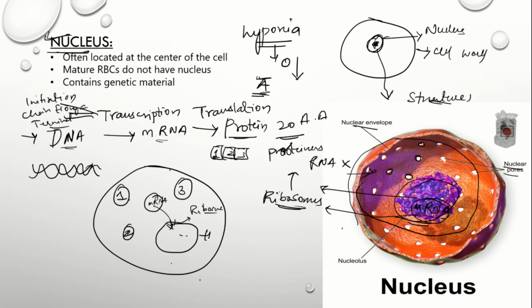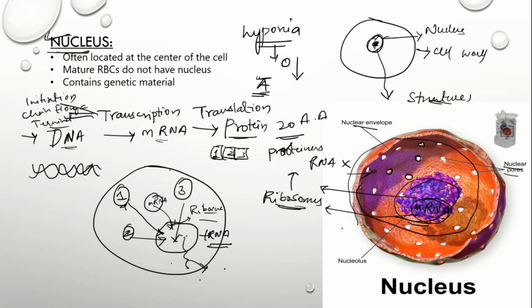Well, that is performed by the tRNA, that is transport RNA. The transport RNA molecule will bind to a particular amino acid, bring it, and give it to the ribosome. Sequentially, the tRNA will bring all the amino acids present inside the cell, and a protein molecule is synthesized.